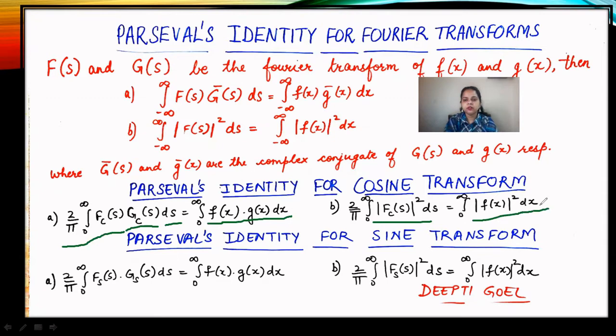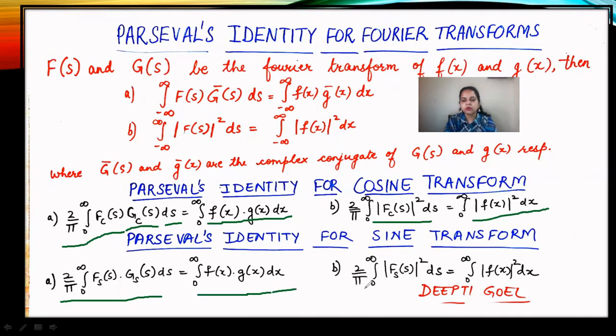Similarly, for the sine transform, the equations can be represented as 2 by pi integral 0 to infinity of the Fourier sine transform of the function f(x) into the Fourier sine transform of the function g(x) ds will be equal to the integral 0 to infinity of the functions f(x) into g(x) dx.